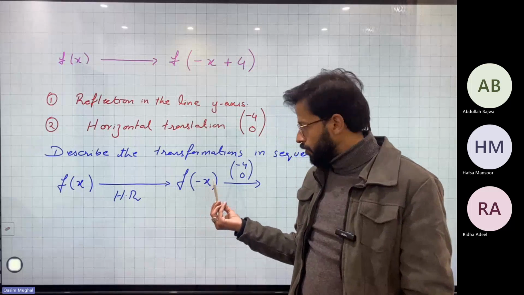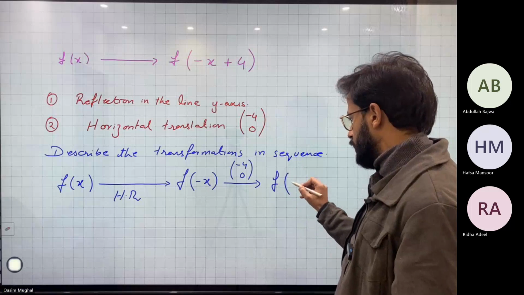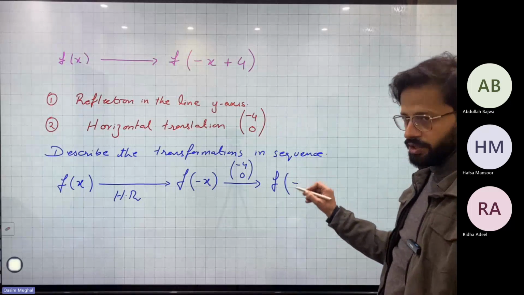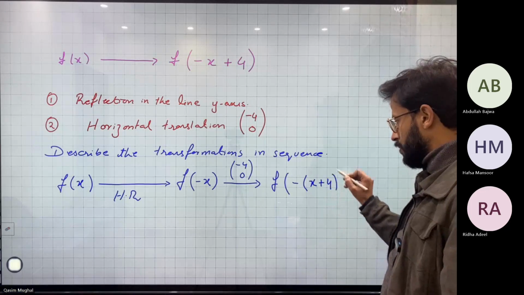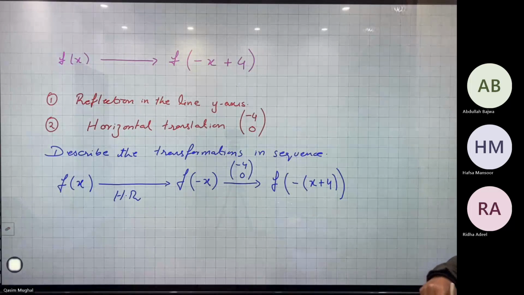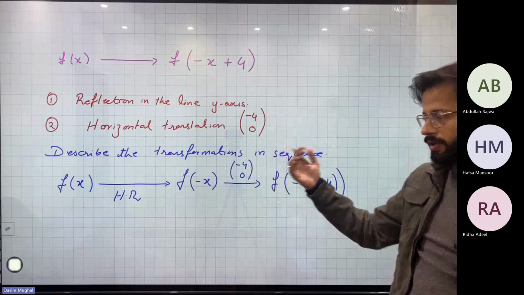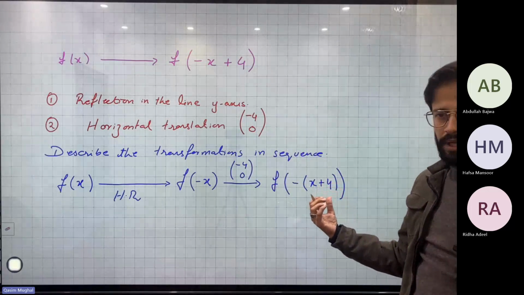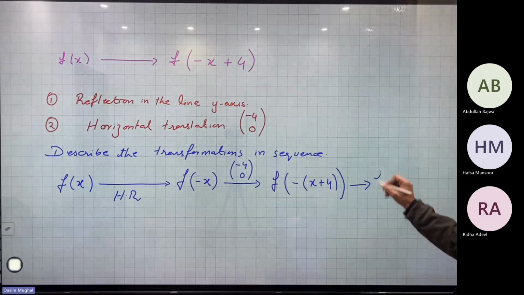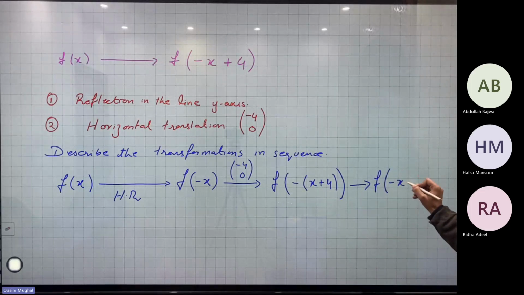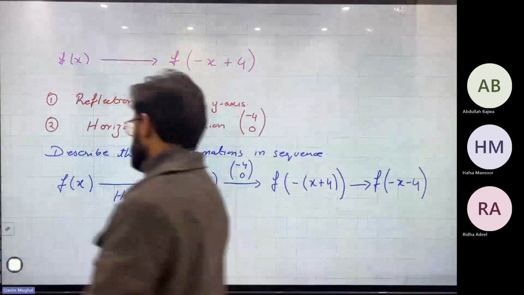You're only supposed to make changes in x, not with the minus sign. So I've added +4 in x because this is -4. Inside the function for the horizontal translation, the behavior is opposite when you write the notation. So this is going to be simplified as f(-x - 4). That's one possible way.